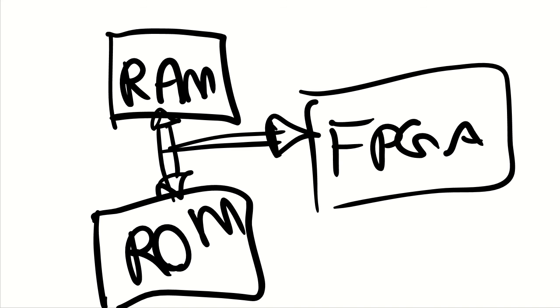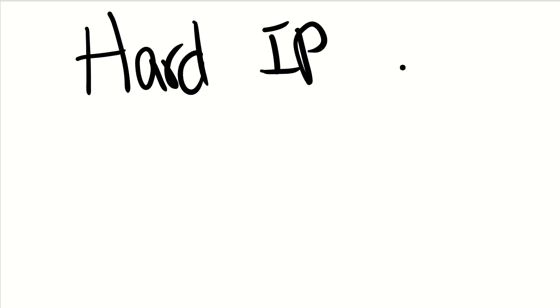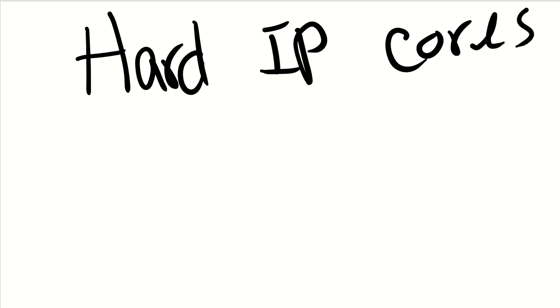Now, the last thing that I didn't put in the list is the hard IP cores that are part of FPGA. What do I mean by IP? Intellectual property cores. And what are they? Intellectual property cores are functional blocks that are available for use in a library or as hardware blocks.